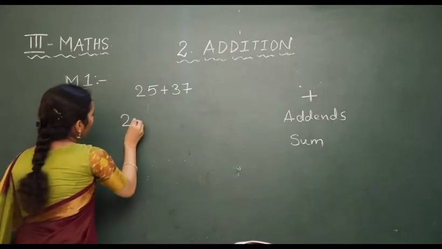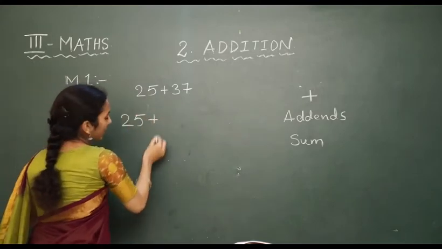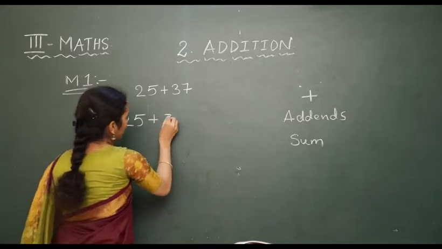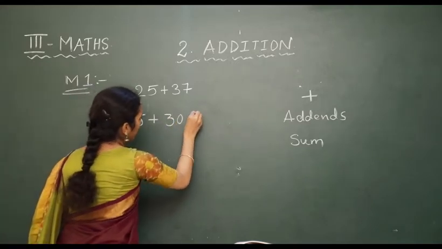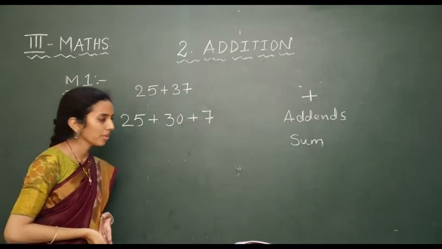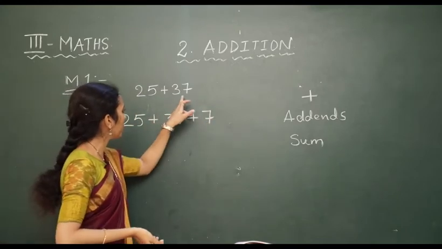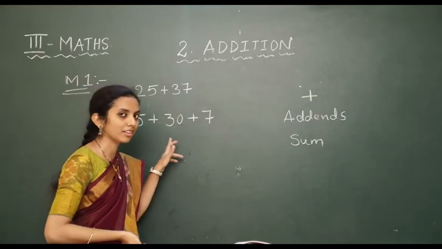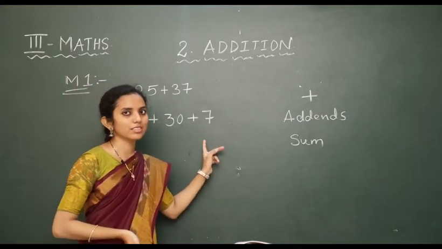So 25 plus, we can write 37 as 30 plus 7. Yes or no? 37 can be written as 3 tens, that is 30, and 7 ones, that is 7.